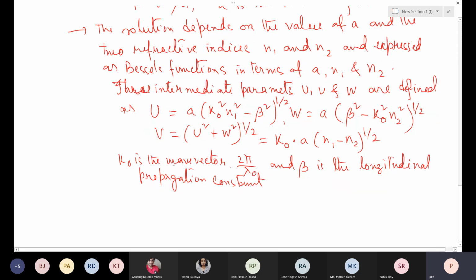Free space wave vector, two pi by lambda 0. So that's why it is multiplied by n1 to make it inside the waveguide.